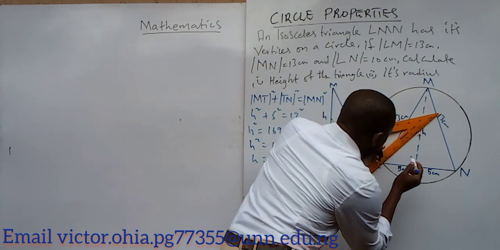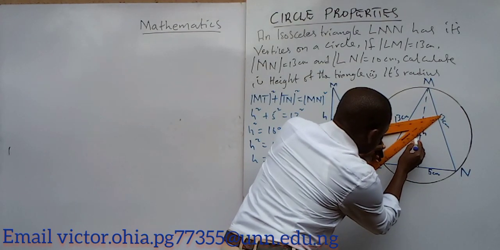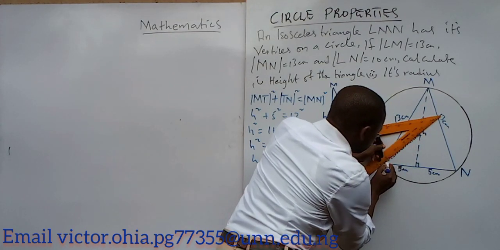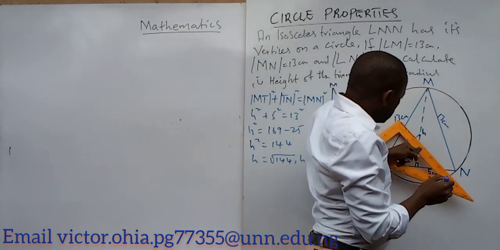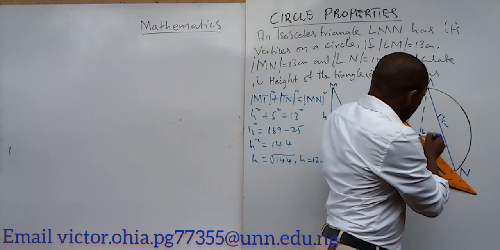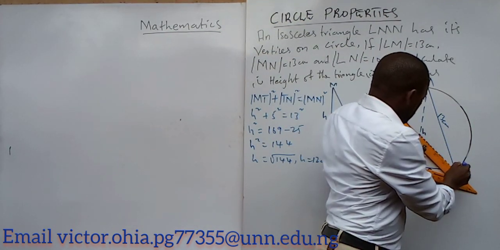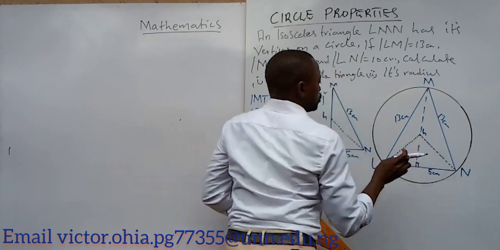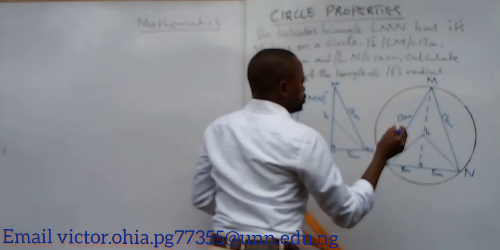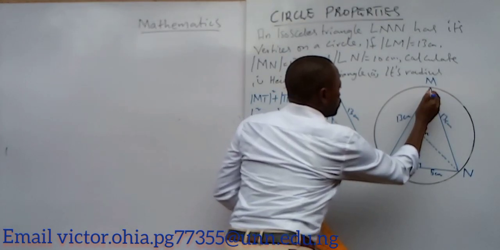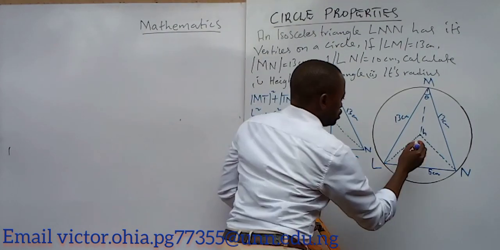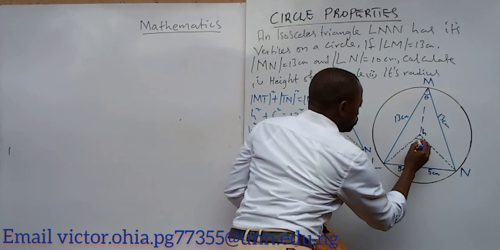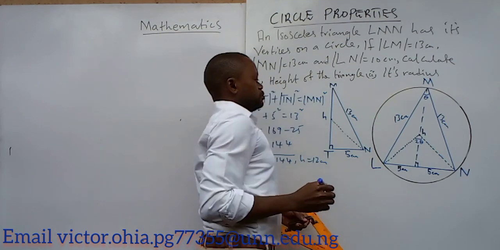So if this angle here is theta, by that theorem, this one here at the center will be 2 times theta.